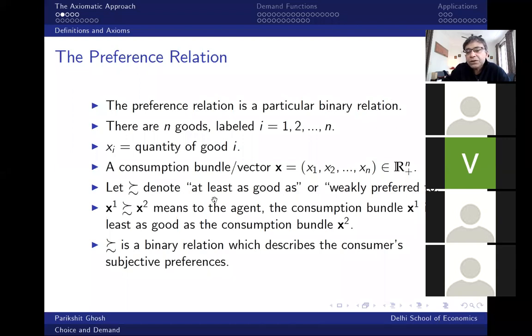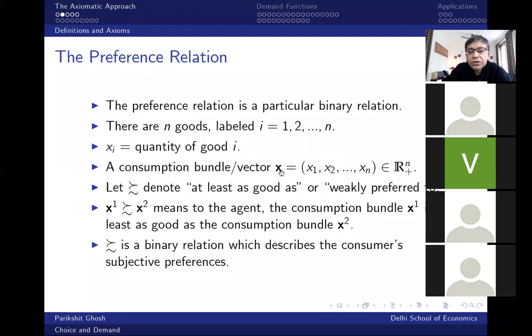Its meaning is "at least as good as" or "weakly preferred to," in the commonsensical sense of those terms. So when I write something like this, what does it mean? It's a very compact way of saying that, to the consumer under study, the consumption bundle x^1 is weakly preferred to x^2.